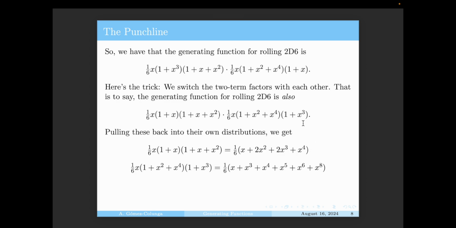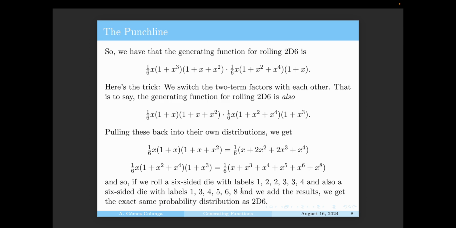Then, pulling each half of this back to its own distribution, we get that this half is 1/6 times x plus 2x squared plus 2x cubed plus x to the 4th, and that this guy is 1/6 times x plus x cubed plus x to the 4th plus x to the 5th plus x to the 6th plus x to the 8th.